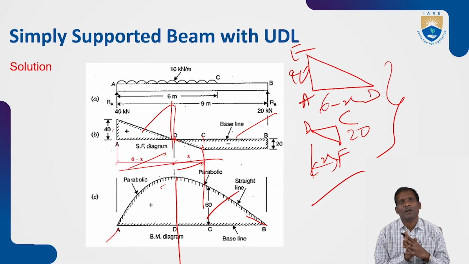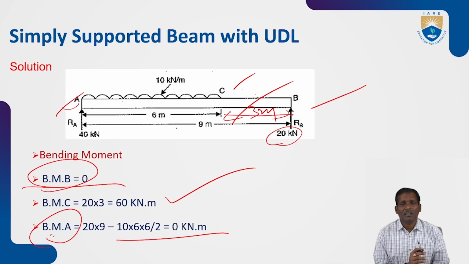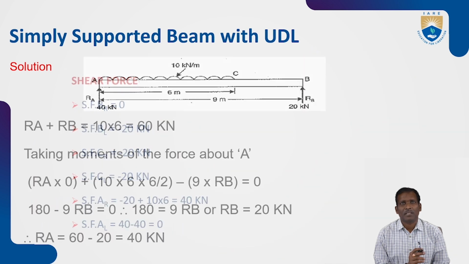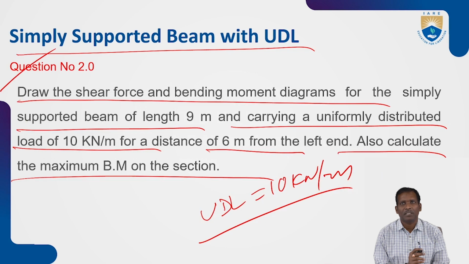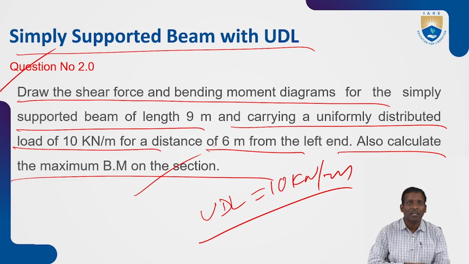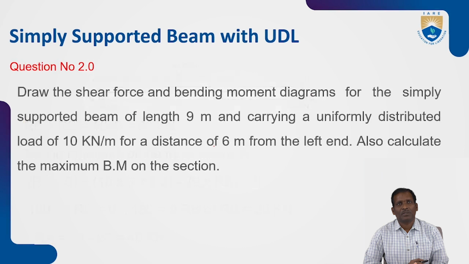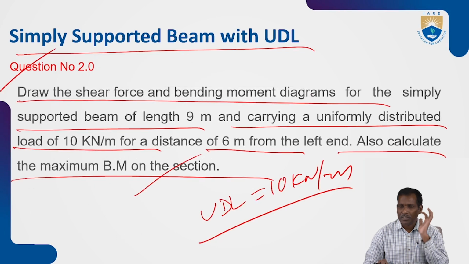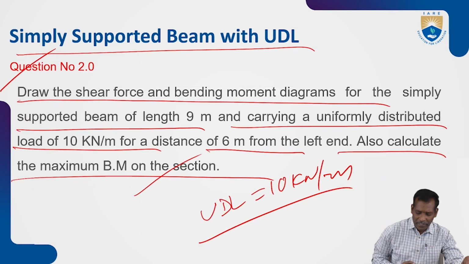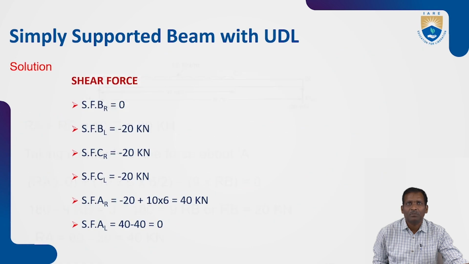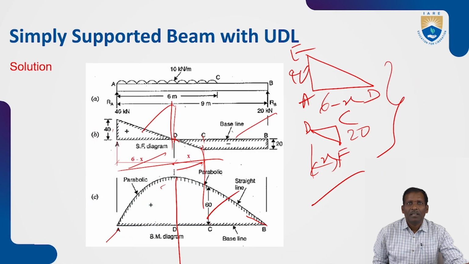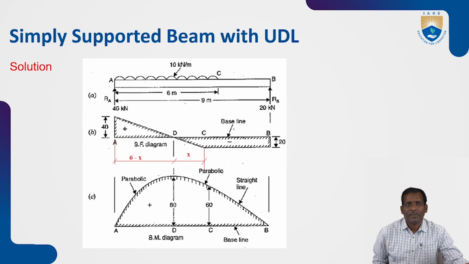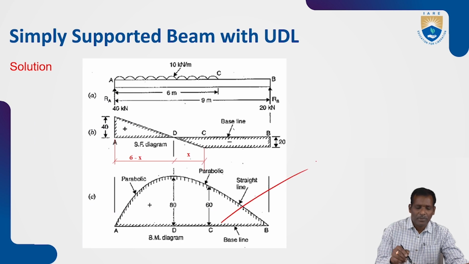Finally we got the maximum bending moment. This is the calculation procedure for the maximum bending moment, as he has asked to calculate it on the section. So we have completed the shear force and bending moment diagrams and also calculated the maximum bending moment. Clear?